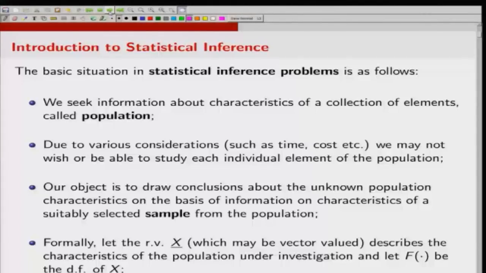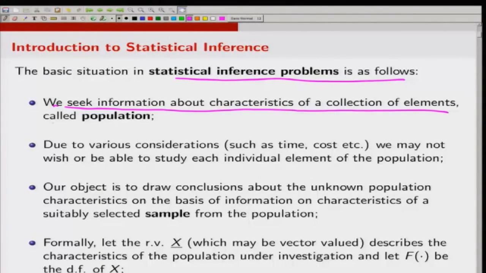So, the basic situation in statistical inference problems is as follows. We have a population and we are interested in certain characteristics of this population. So, we seek information about characteristics of a collection of elements called population.